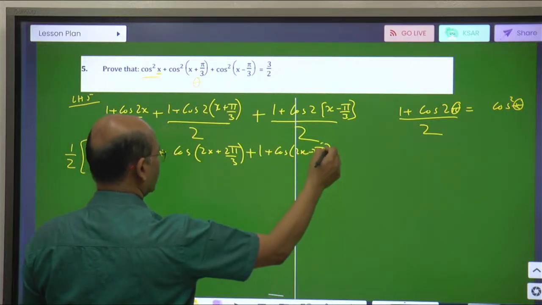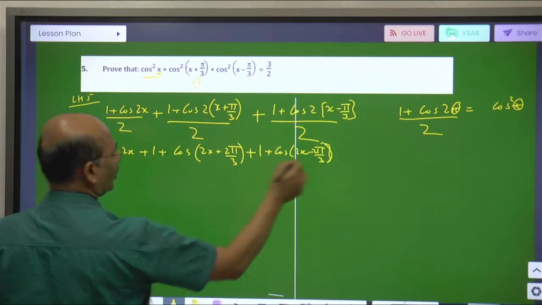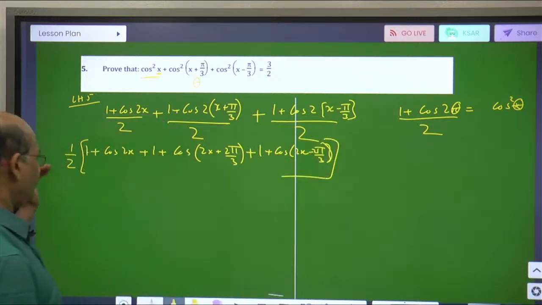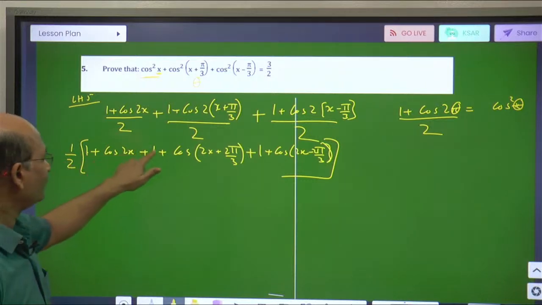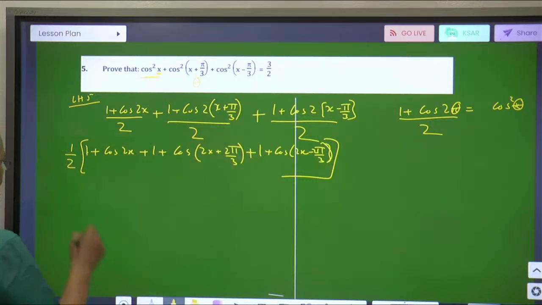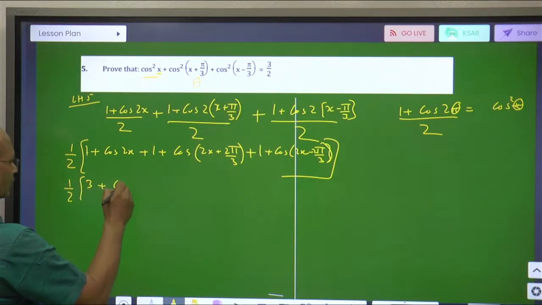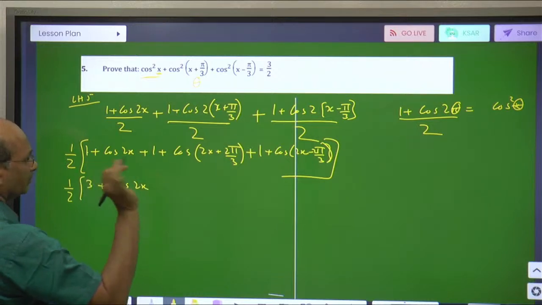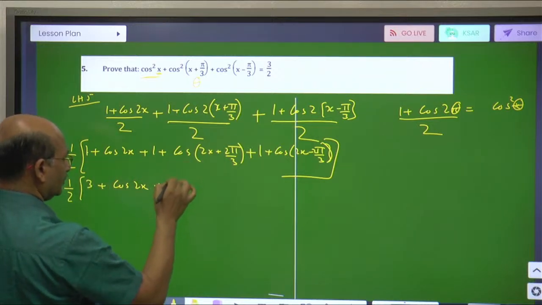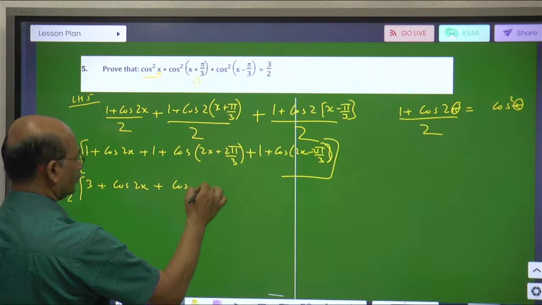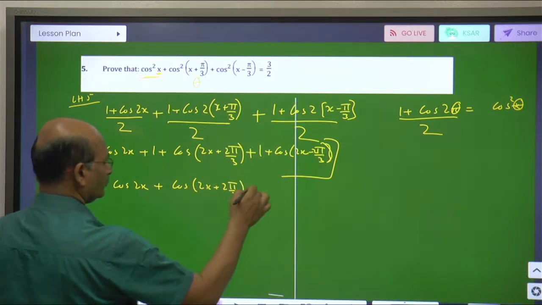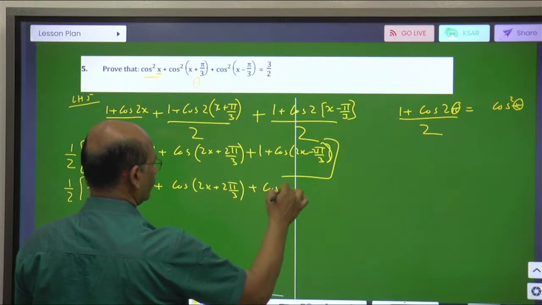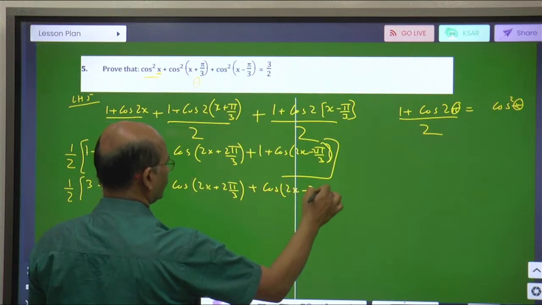Now upon 2 I had already taken outside. Look at the numbers, 1 plus 1 plus 1, it is 3. So half of 3 plus cos 2x plus cos of 2x plus 2 pi by 3 plus cos of 2x minus 2 pi by 3.